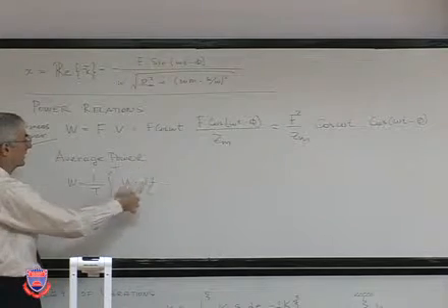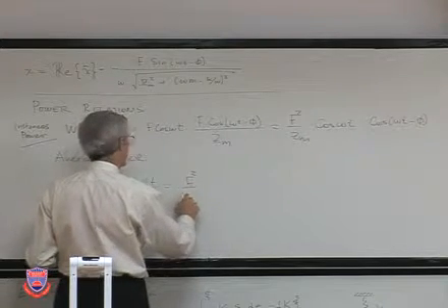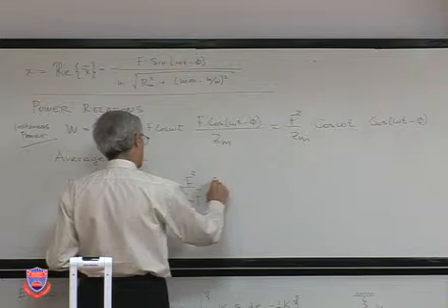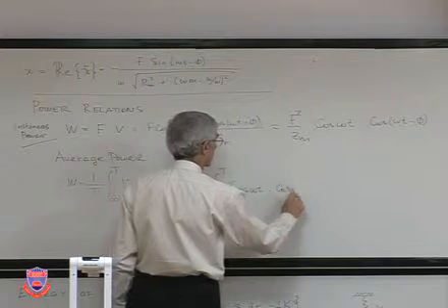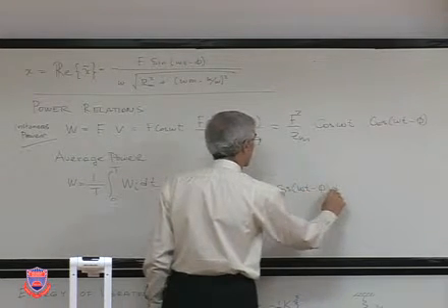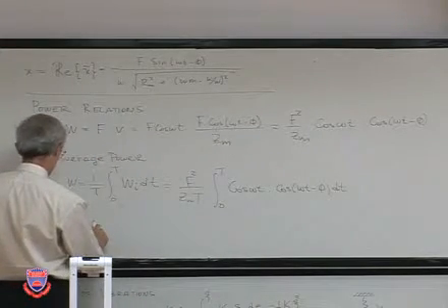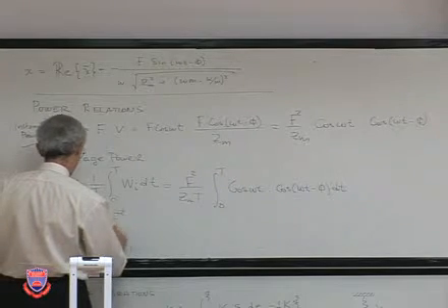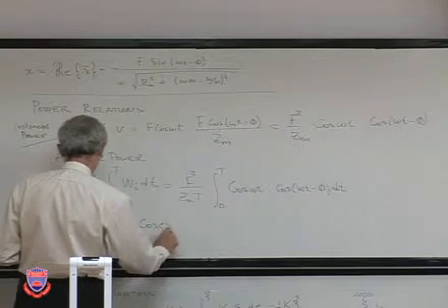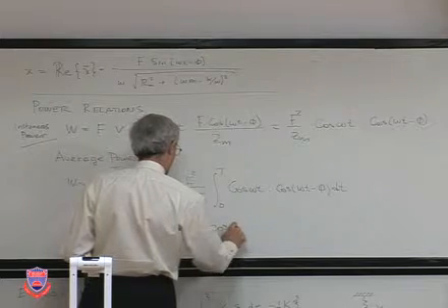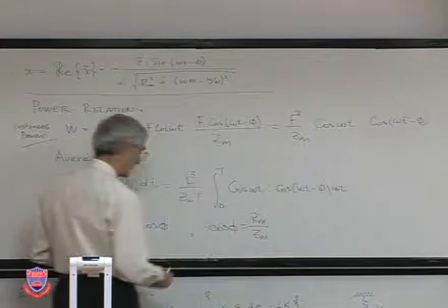Okay, so we take this expression, integrate it over a period, and that should end up with an integral of cosine omega t cosine omega t minus phi dt, and which finally should give us F squared over 2 Zm cosine phi, where cosine phi is the ratio of the resistive to the total mechanical impedance.